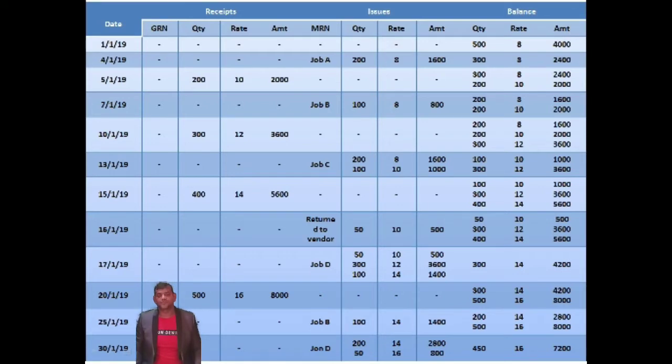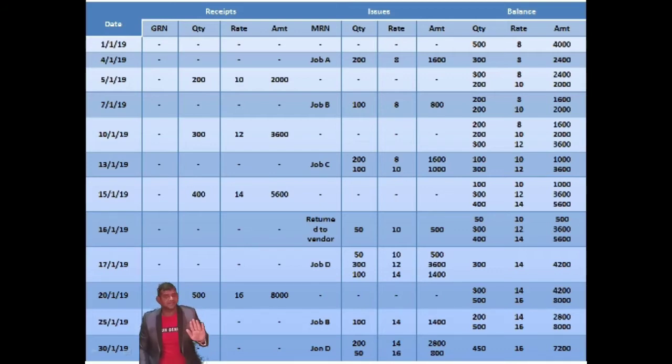So next on 4/1/2019, there is an issue entry. 200 units of material has been issued to job A, correct? Now go to the receipts column, GRN nil, quantity nil, rate nil, amount nil, because this is an issue entry.